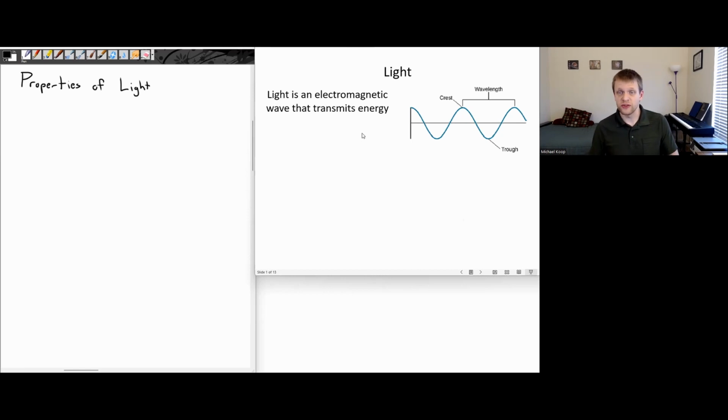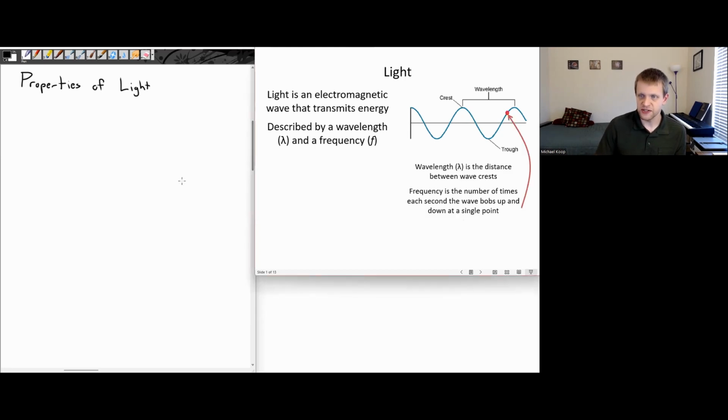So let's just start with some of the basic properties of light. Light is an electromagnetic wave that transmits energy. Now, what we mean by an electromagnetic wave, we're going to talk about that in just a couple minutes, but suffice it for now to say, if light is acting like a wave, we can describe at least some of the properties of those waves by looking at the wavelength and the frequency.